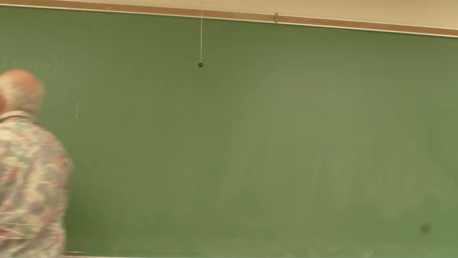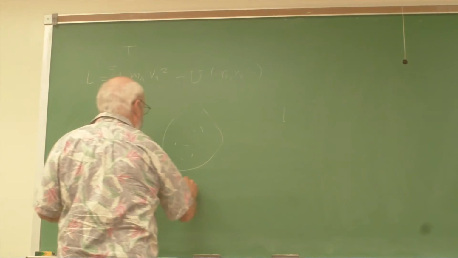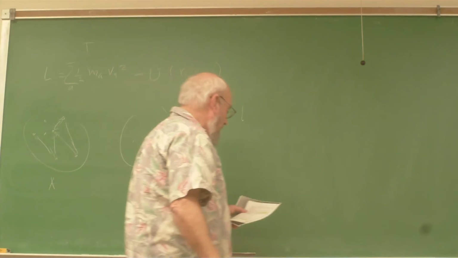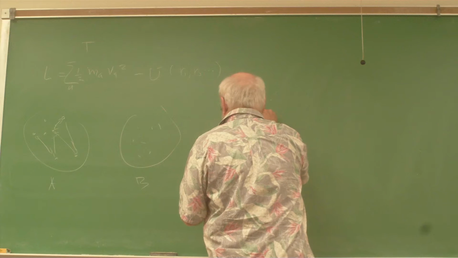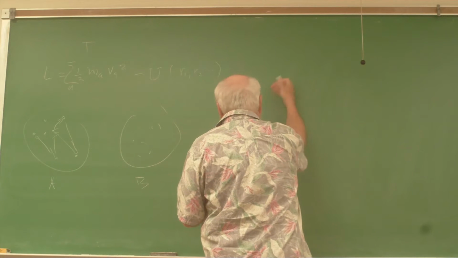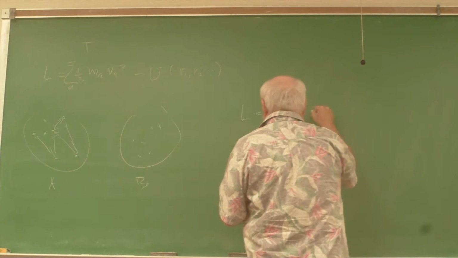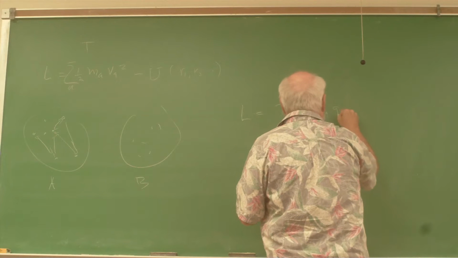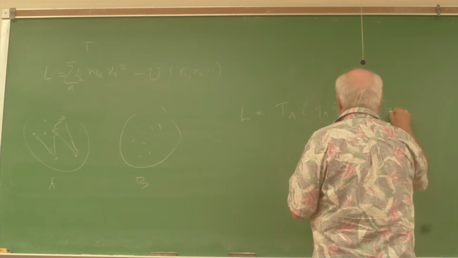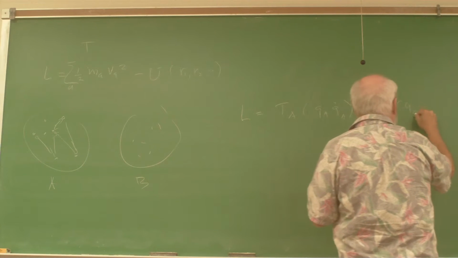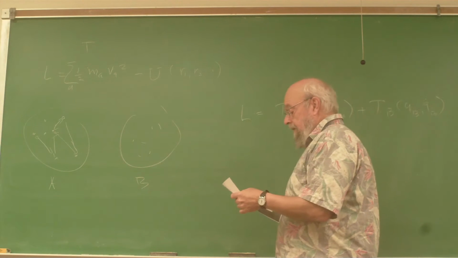So I can take two systems, where I have another system here. I'll call this one A, and I'll call this one B. And I can write the total Lagrangian as L equals T sub A, and no other forces around, of Q_A and Q_A dot, plus T_B of Q_B and Q_B dot. Remember we talked about the additivity of these.